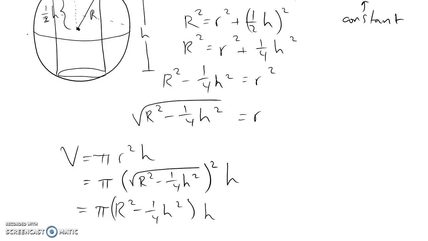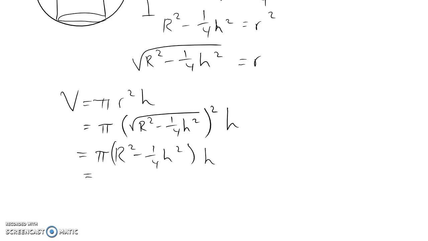And we could go a little bit further and say that we have pi h R squared minus pi h cubed over 4, if we multiply that h inside and the pi inside.